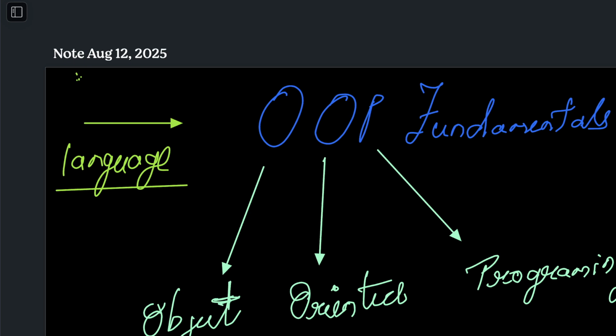So in Python it is not a fully OOP language, because there is nothing such as private. It may appear that it is private, but it's not. Unlike Java or other languages, there is no keyword like private in Python.